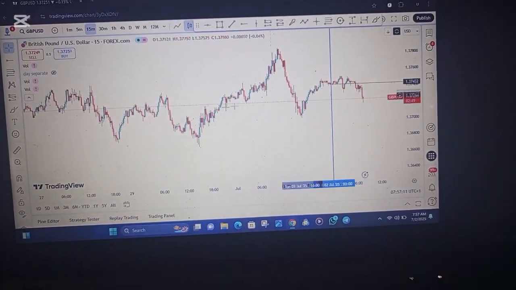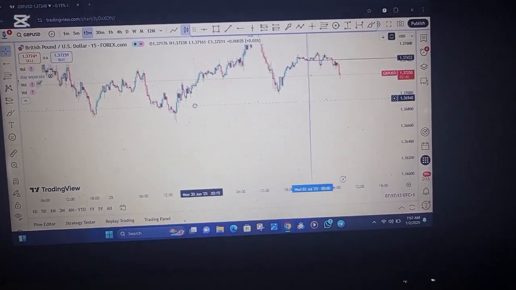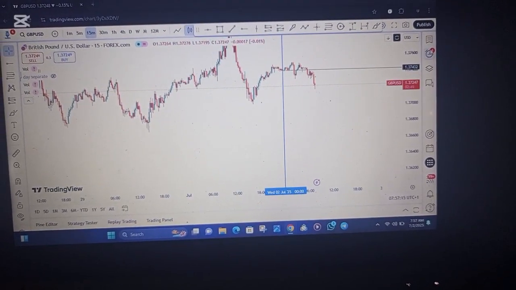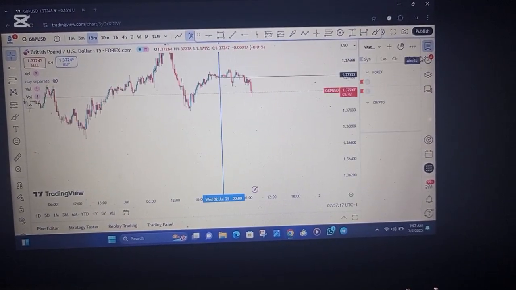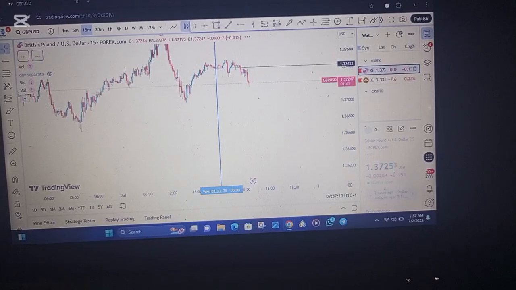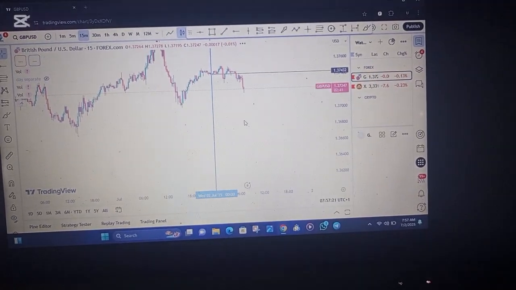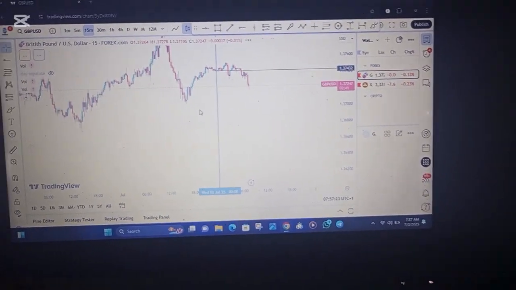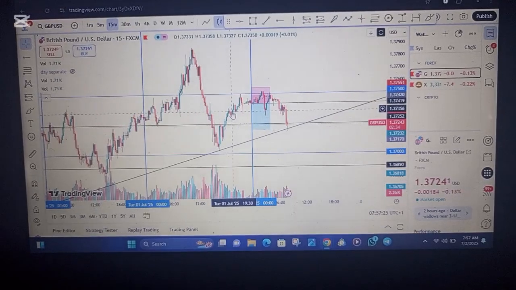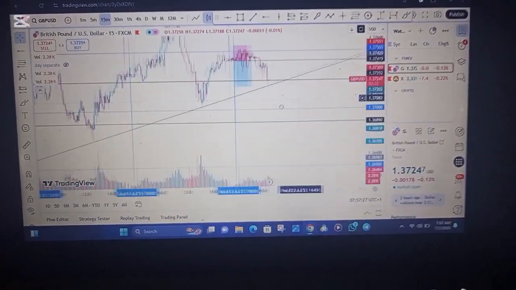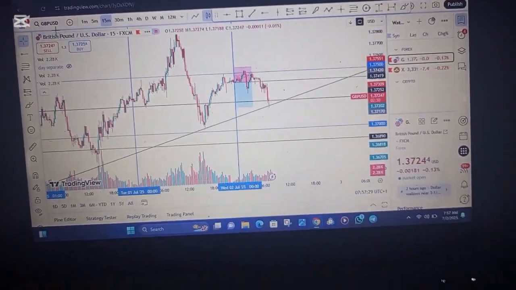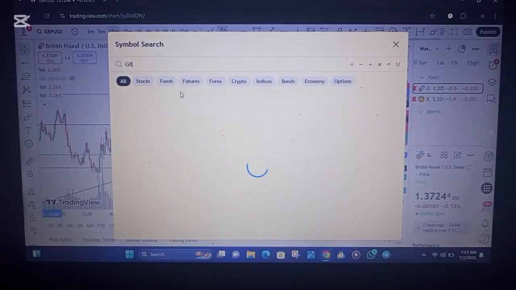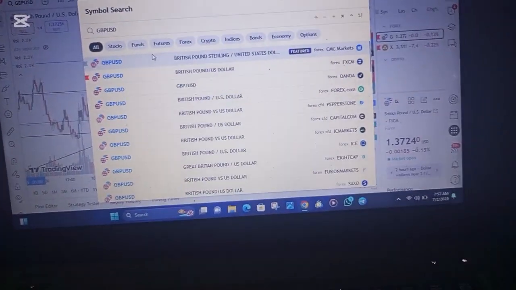And again, I plug in all my psychological levels, which I did in the previous chart. As you can see, there are psychological levels everywhere, and places of demand and supply. Let's go back to the chart, GBP USD.